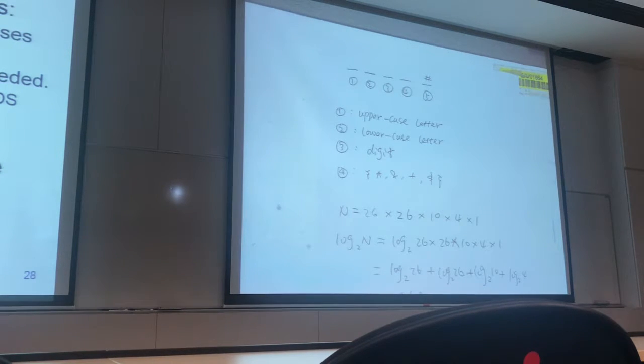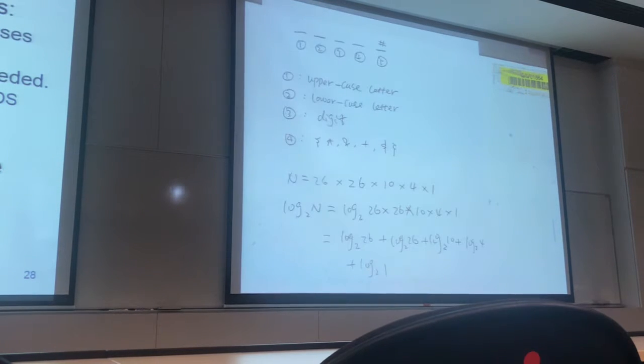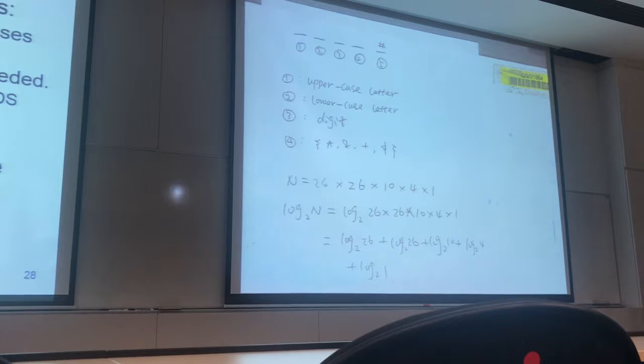Any question? For this part, you know how to calculate the entropy, right? You calculate the total number of possibilities and then do log base 2. That's for this password entropy.